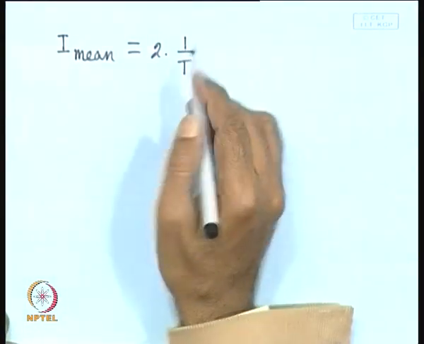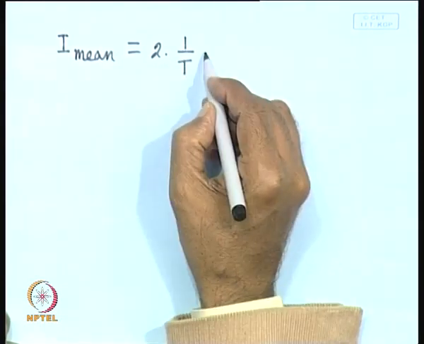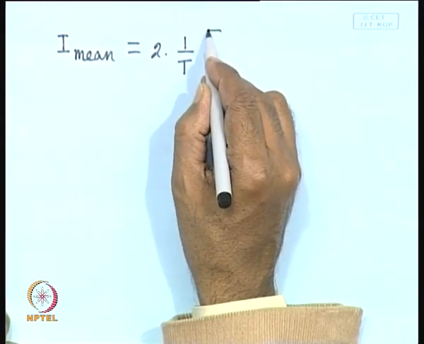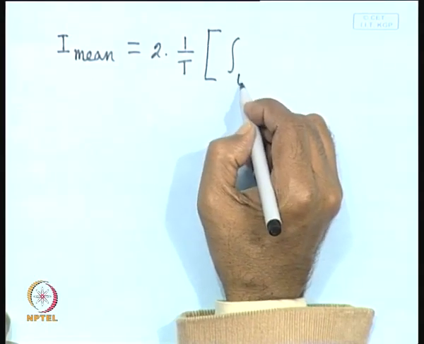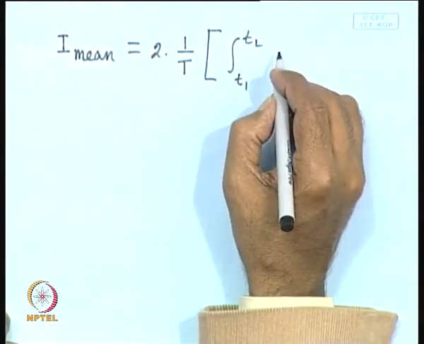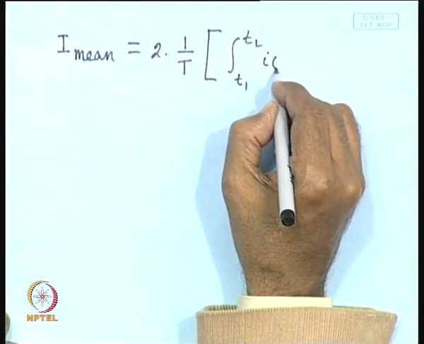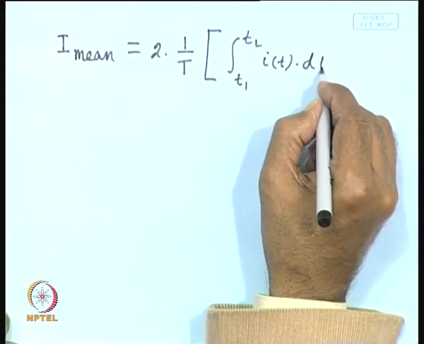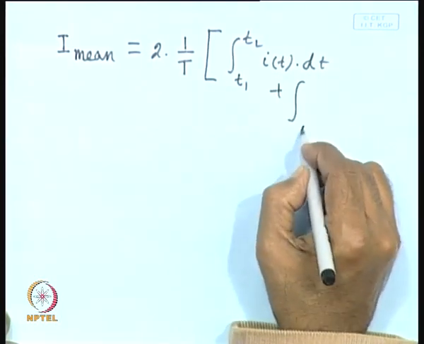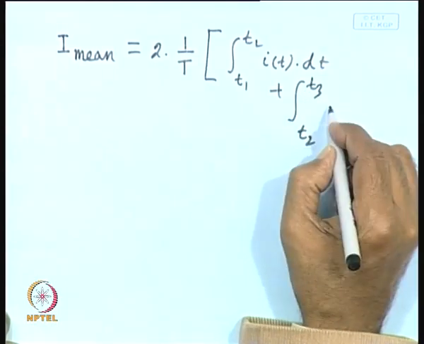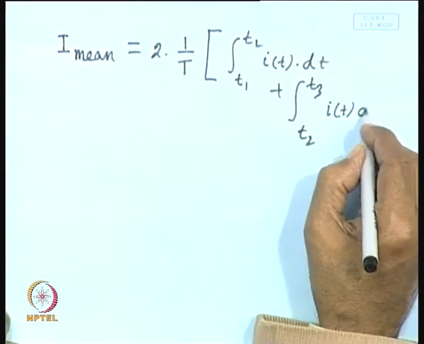Assuming that, we may write 2 into 1 by T, and you can take summation from T1 to T2 IT into dt plus T2 to T3 IT into dt.